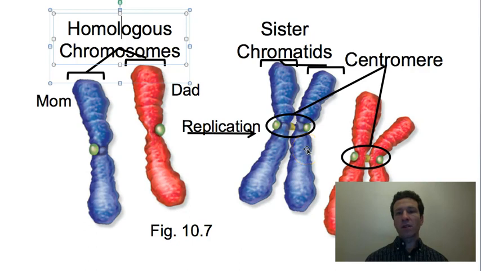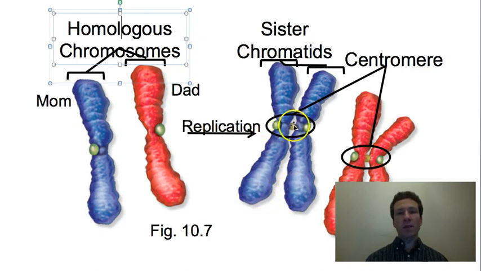So again, if there's a gene for eye color here, there's also a gene for eye color here. But while mom and dad might have had genes for different eye colors, this one will be exactly identical to this one, all the way down to the exact sequence of A, C, G, and T on both copies. In other words, these are identical to one another.